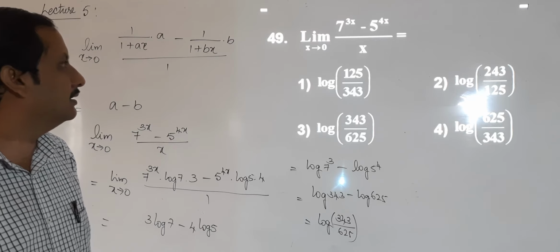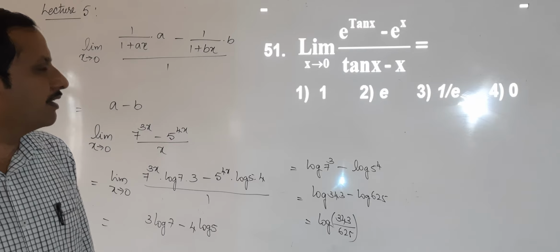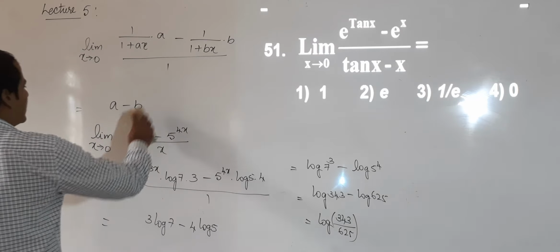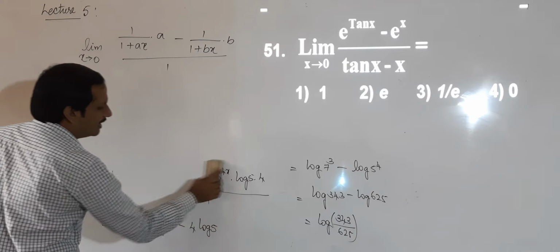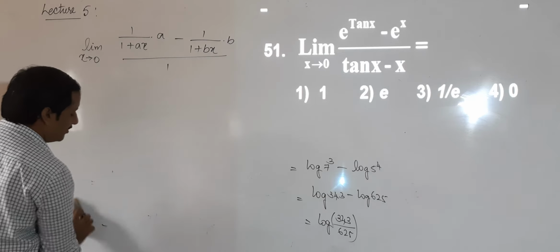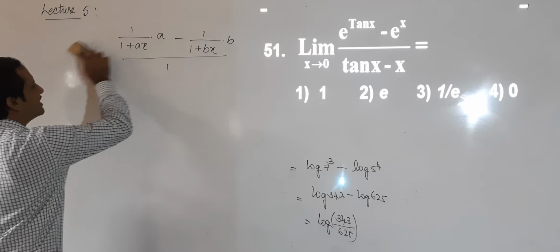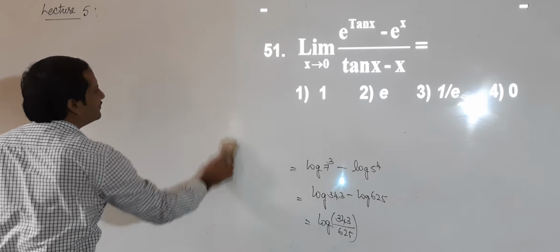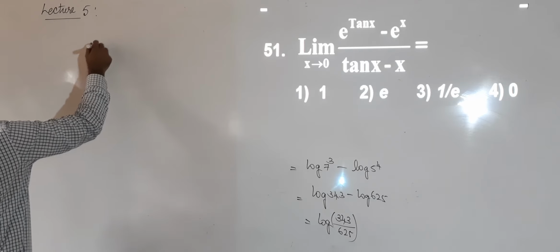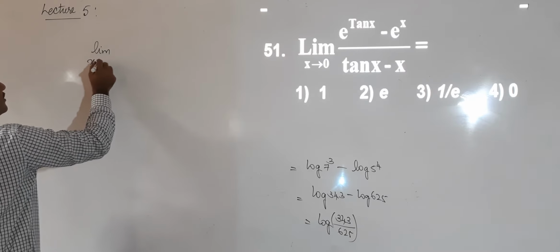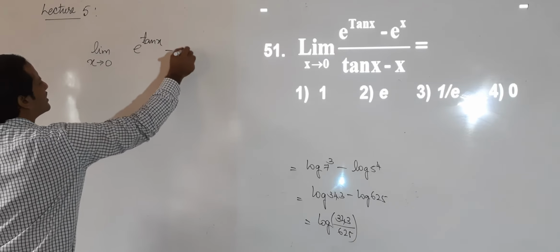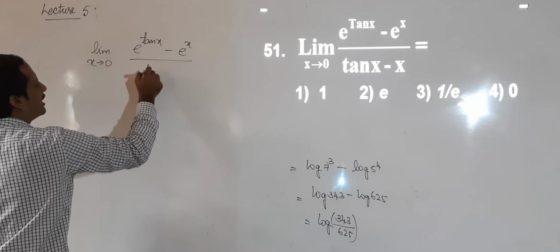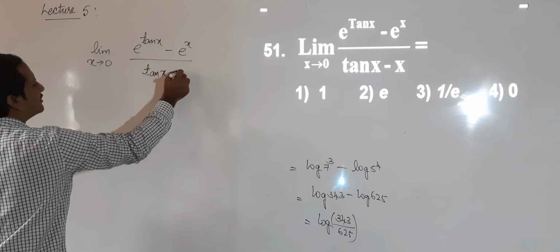Then the next question, 51. Limit x tends to 0 of (e power tan x minus e power x) divided by (tan x minus x).